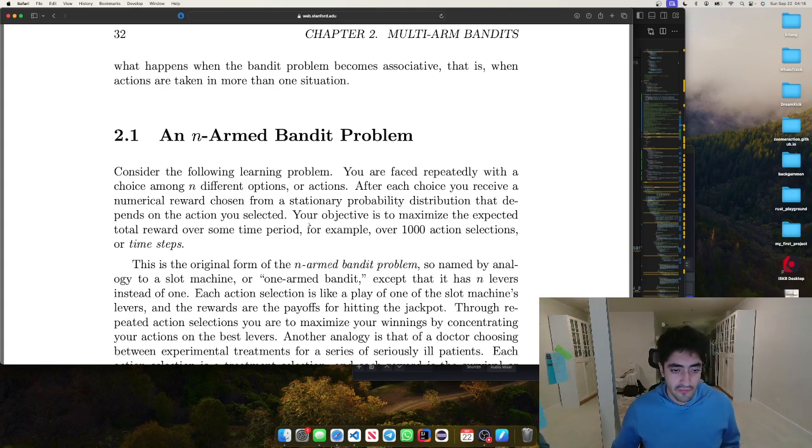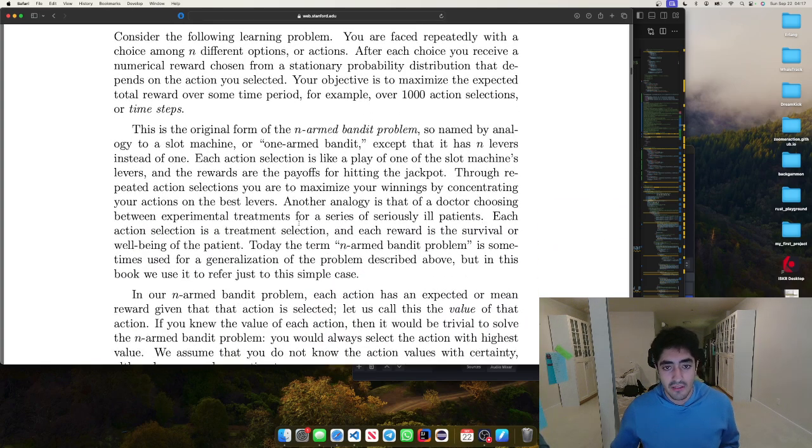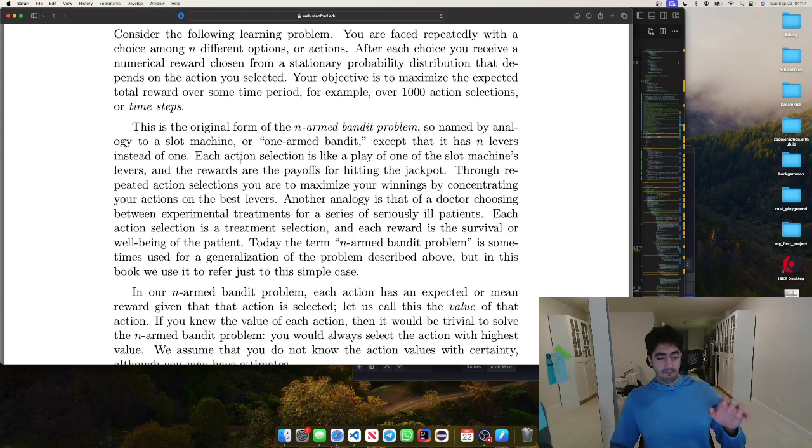This is the original form of the n-armed bandit problem, so named by analogy to a slot machine, or one-armed bandit, except that it has n levers instead of one. Each action selection is like a play of one of the slot machine's levers, and the rewards are the payoffs for hitting the jackpot.